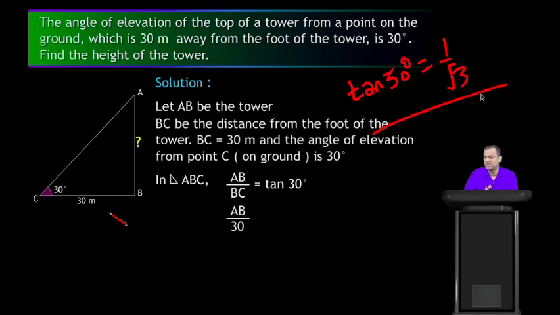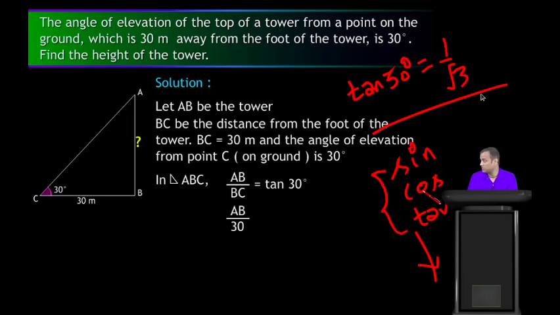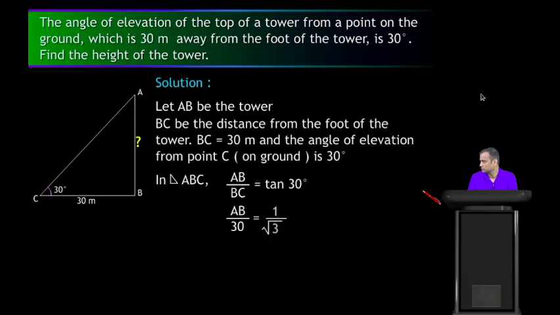Okay, so I think you have all learned the values of the trigonometric ratios of the angles. So there is a table, and you have to learn it. Not the whole table, you just need to learn sine and cos. Then you can find tan, and then you can find the rest of the ratios. So you need to learn only 3 ratios. Now it is equal to 1 by root 3.